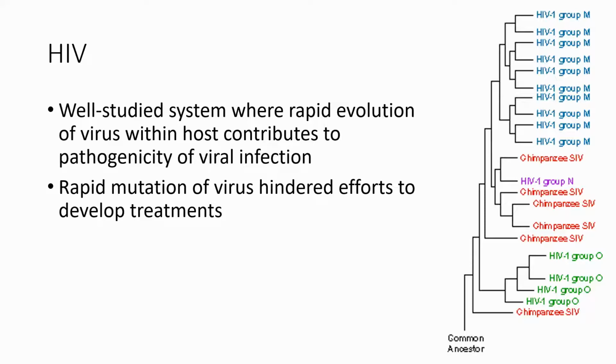HIV is the poster child for rapid viral evolution. It is an RNA virus, which does not have as many ways to go back and check your DNA. And it evolves very rapidly. It has a very high mutation rate, and because of that, it was very difficult to identify, it was very difficult to treat, and that's why there's no cure for HIV, because you could spend a couple of years curing a strain of HIV, but by the time you do, that may not be the strain that is infecting people.